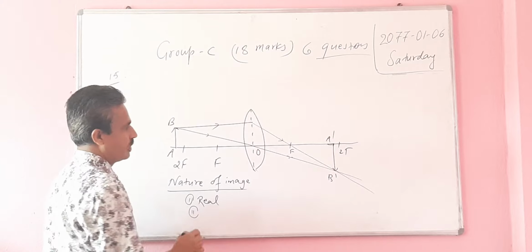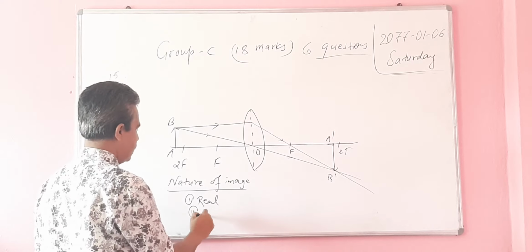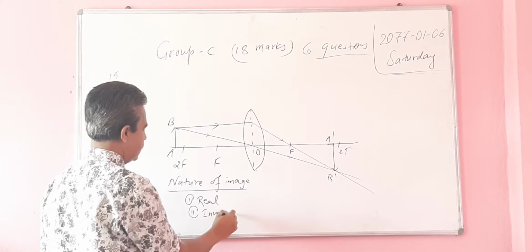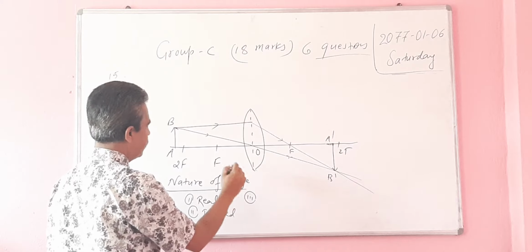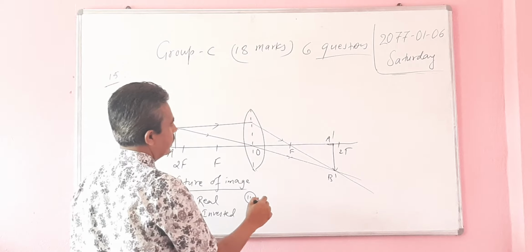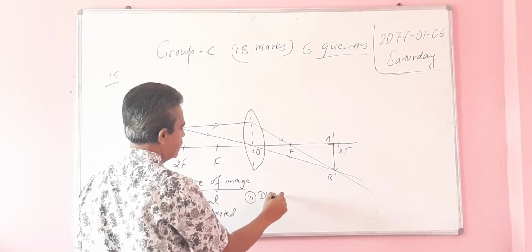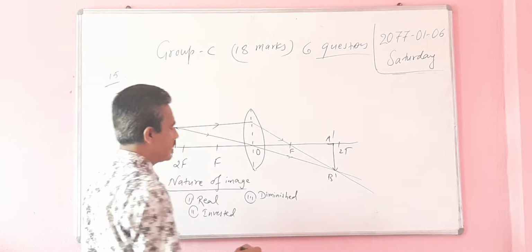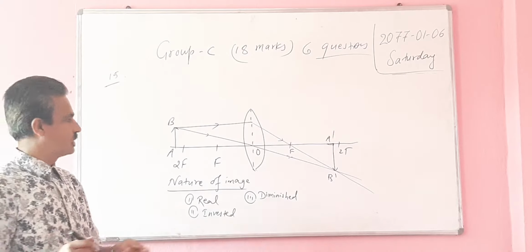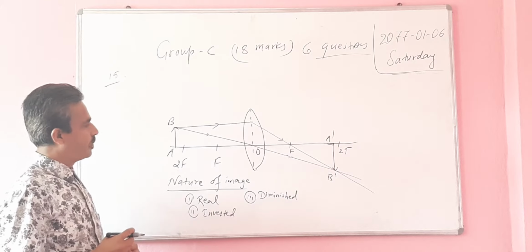Second, a real image is always inverted. And third, what do you think? Diminished. It means smaller than the object. Nature of image, completion of ray diagram completed.